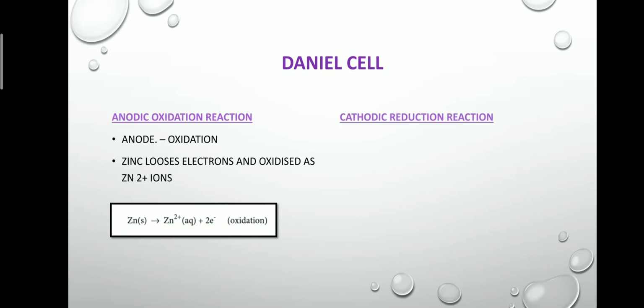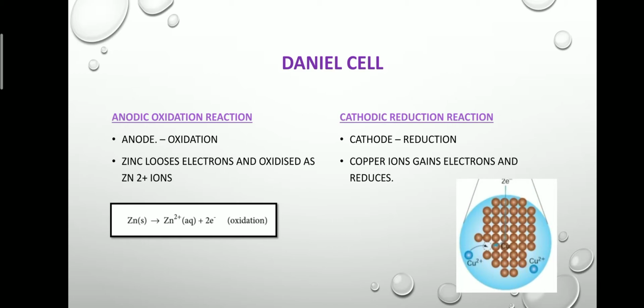Next, the cathodic reduction reaction. At cathode, reduction takes place. That is the copper ions from the electrolyte. Look at here, this is the cathodic half cell where the copper metal is placed in a copper sulfate solution.